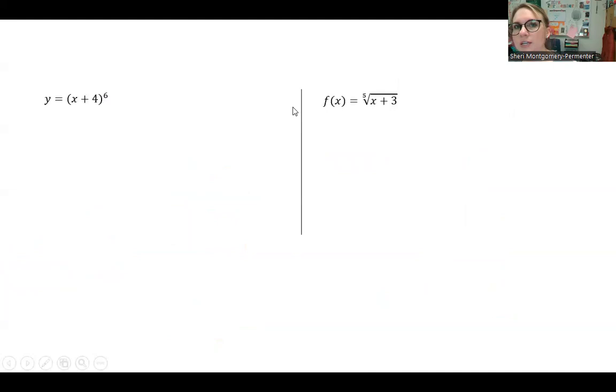The next two questions, we're doing the same thing, but we have exponents. So for the first one, we're already written as y equals, so we can go straight to switching x and y.